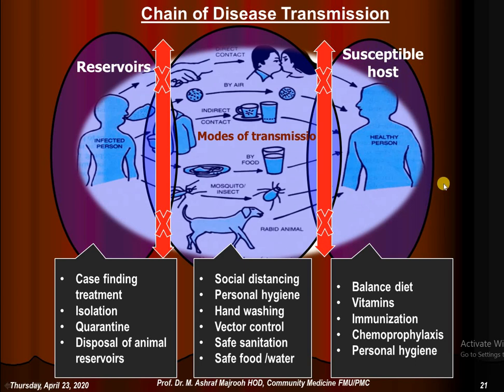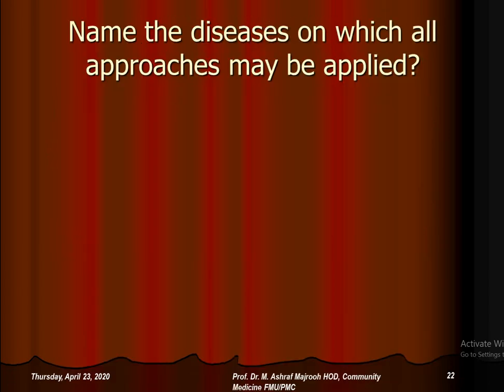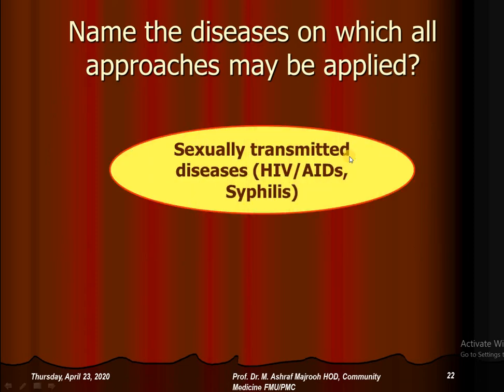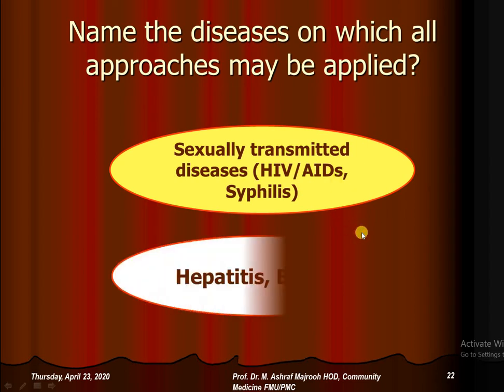The same model is used for dealing with the pandemic COVID-19, which is currently a public health calamity all over the world, and it is a great threat to humanity. There are diseases in which all the models can be applied, as I have already said, because there is no clear-cut demarcation. For some diseases like sexually transmitted diseases, we can apply all the models.